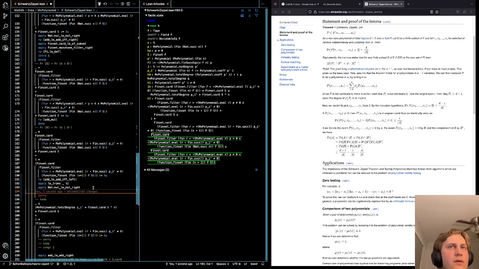Filter p equals 0 and pi is not equal to 0 is less than p is not equal to 0 and pi is not equal to 0. That doesn't look right. Something about that looks very wrong.